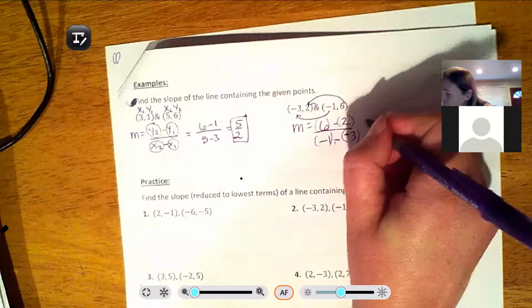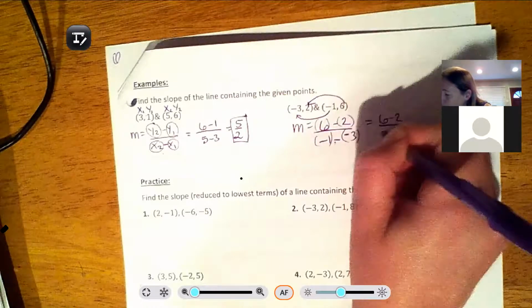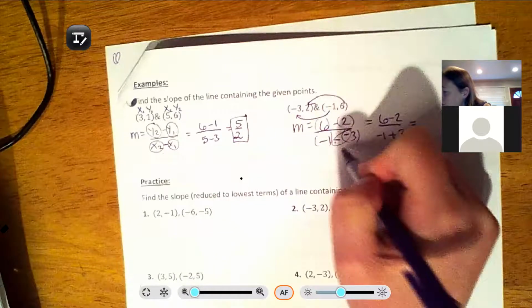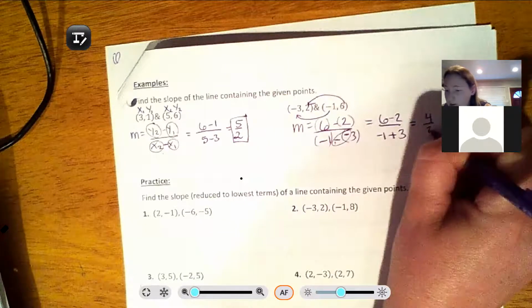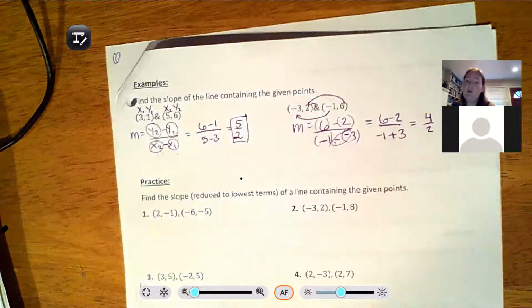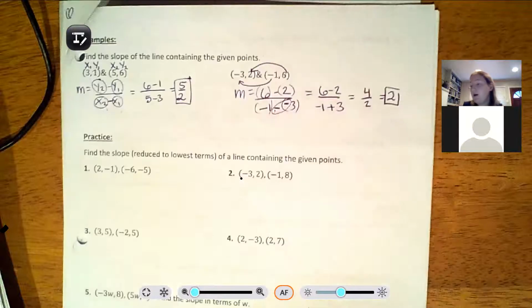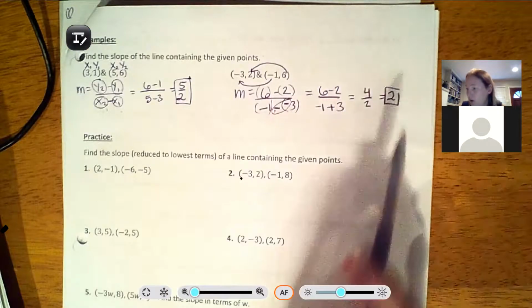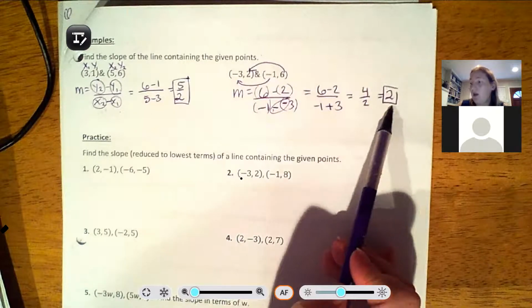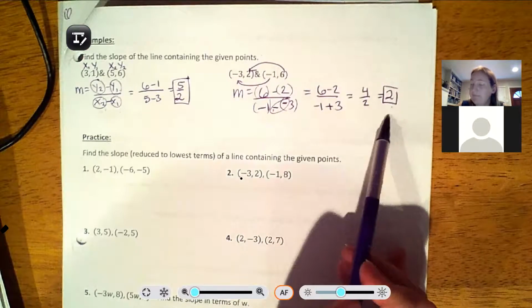So that's the same thing as saying negative 1 plus 3. And 4 divided by 2 does simplify to 2. So even though we normally think of slope as rise over run, you'd still say 2. That's a simplified way of saying it, but when you go to graph, you would think, okay, 2 over invisible 1.